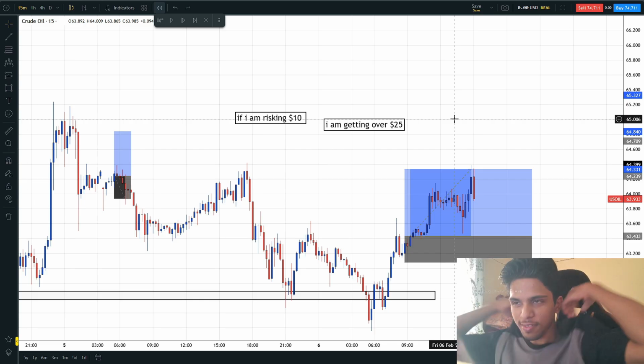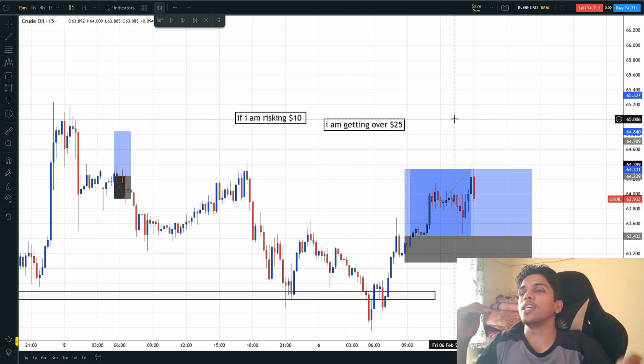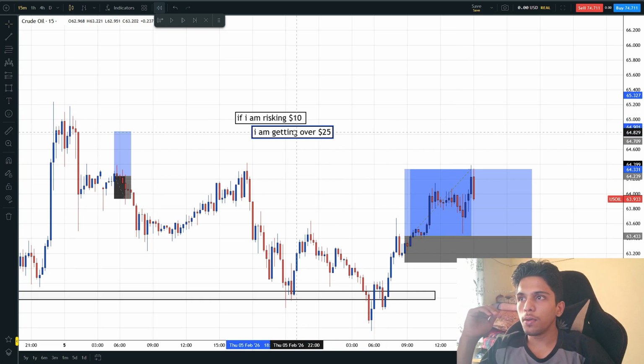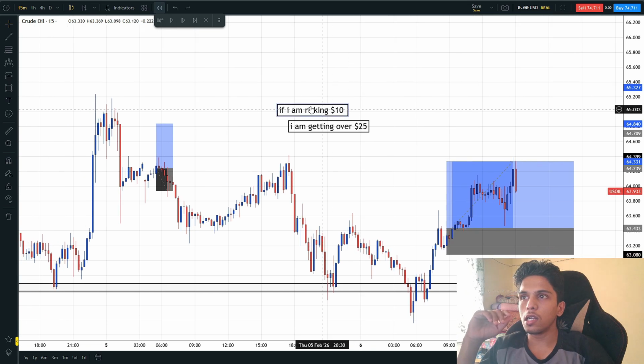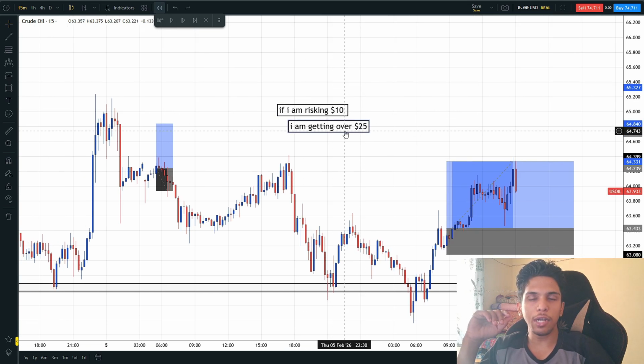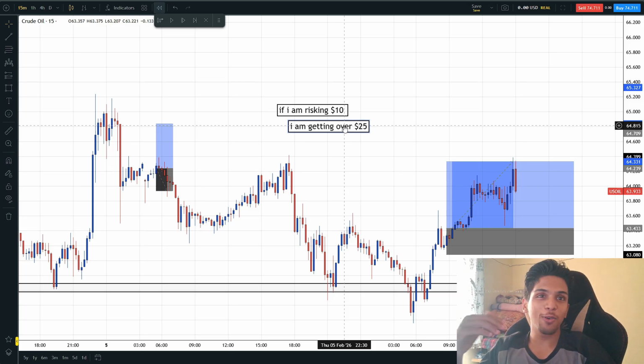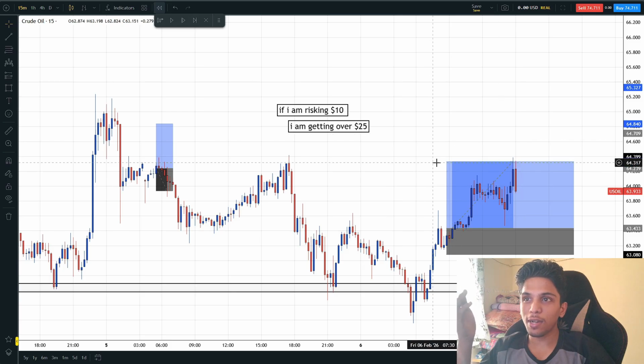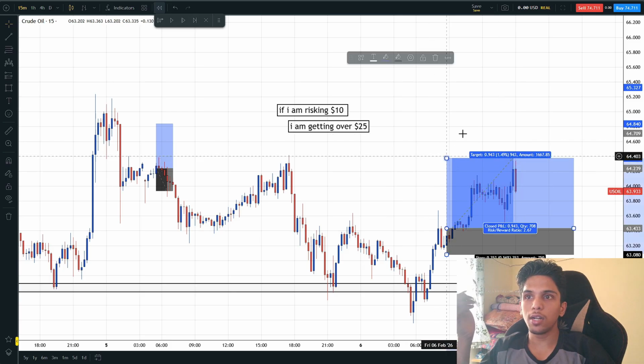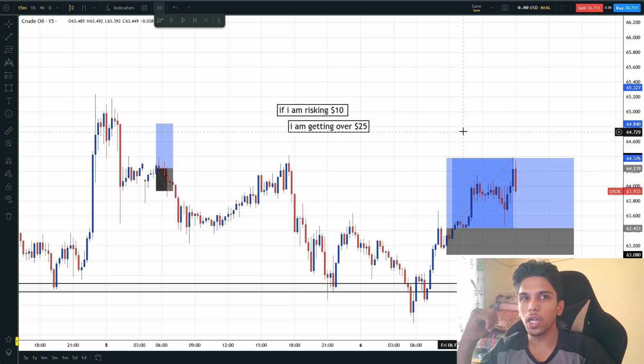So what I am telling you is that we have to focus on this: $10 getting $25. $25 in Indian rupees is around 2200 rupees. When you go outside and try to get 2200 rupees, it is a little bit difficult.